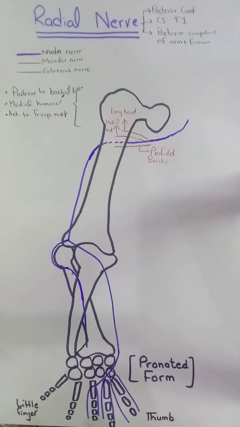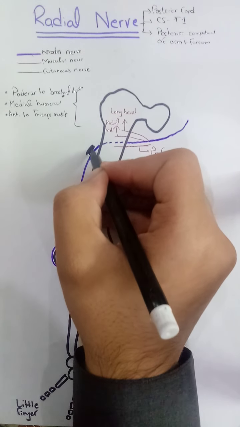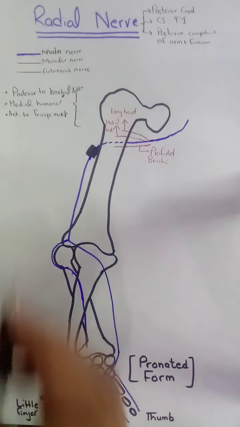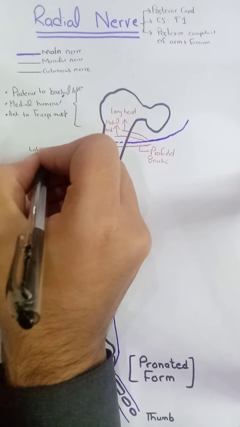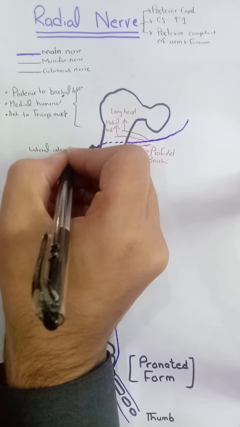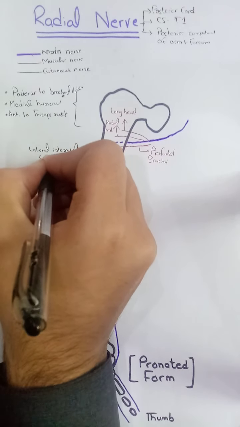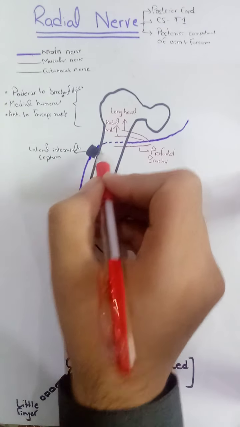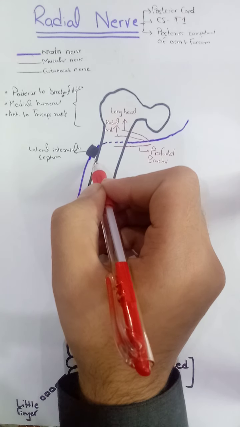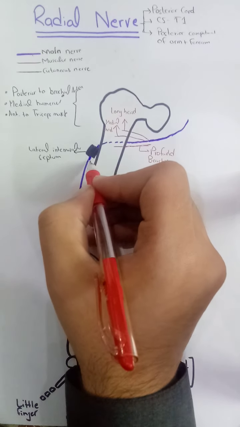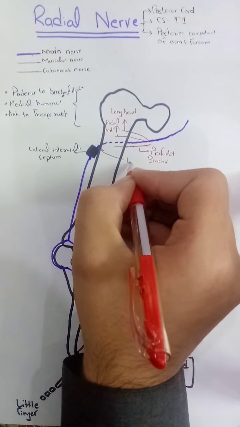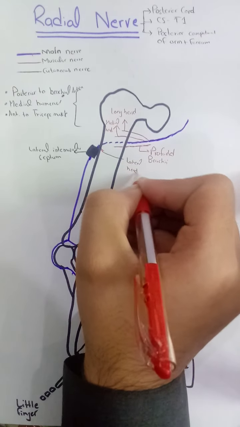And when it reaches the lateral side, it will pierce the lateral intermuscular septum. This is the lateral intermuscular septum. And then it will give a muscular branch to the lateral head of triceps and also to the anconeus muscle.